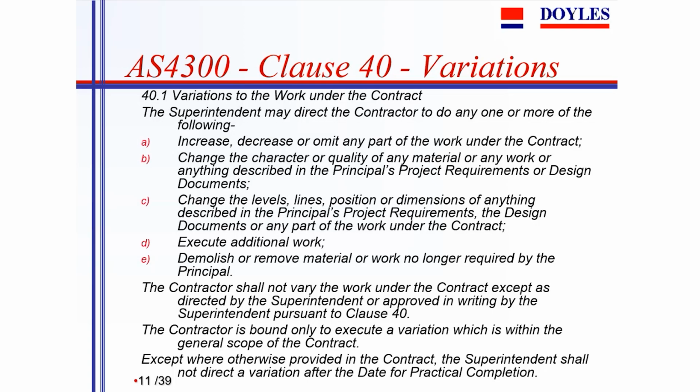The question, of course, is that if you have a contract which didn't have a power for the superintendent or the principal to vary the works, then you wouldn't be able to vary it. Then you'd be in a situation where you'd either have to forget changes to the contract or else negotiate with the contractor as to that.